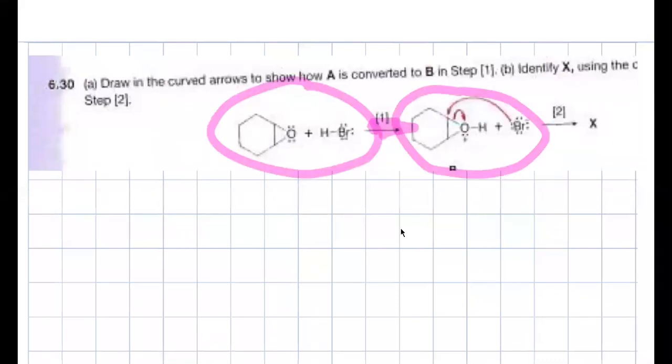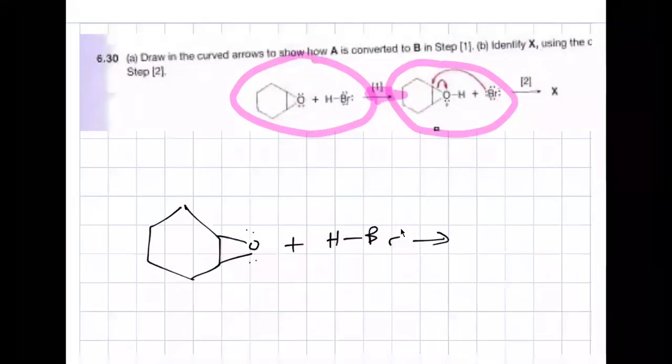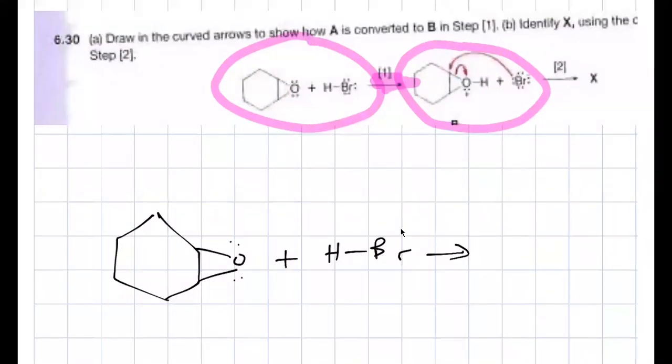We're gonna put the arrows in for that step too. So I'm gonna redraw it so everybody can see it and follow. So I got my epoxide plus HBr. Let's put the arrows in for that first step. And we're gonna label everything because this is a good problem. It's got a lot of meat on it.